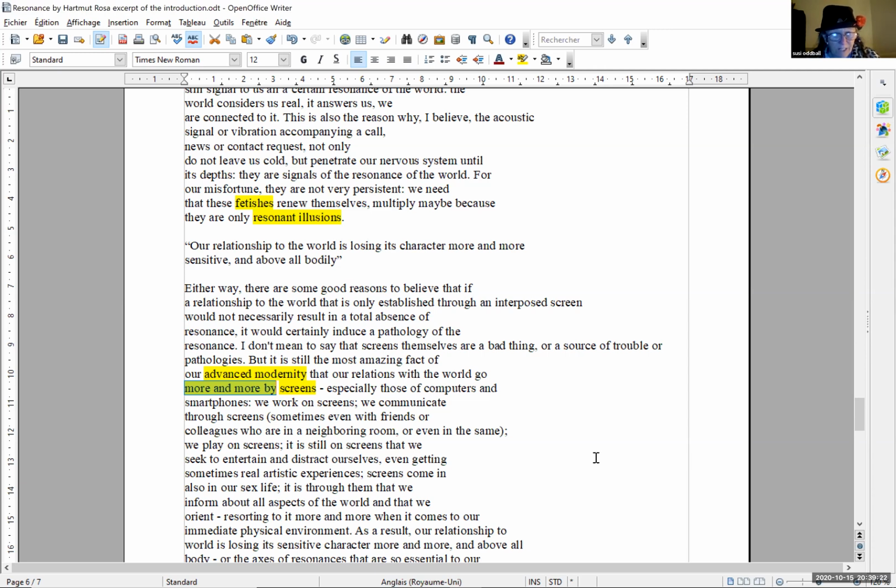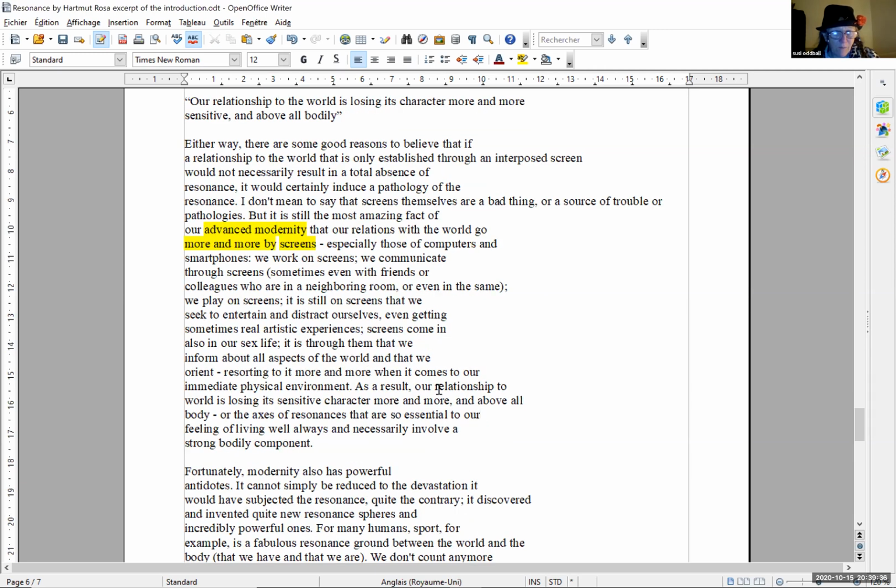even getting sometimes real artistic experiences. Screens come in also in our sex life. It is through them that we inform ourselves about all aspects of the world, and that we are resorting to it more and more when it comes to our immediate physical environment.